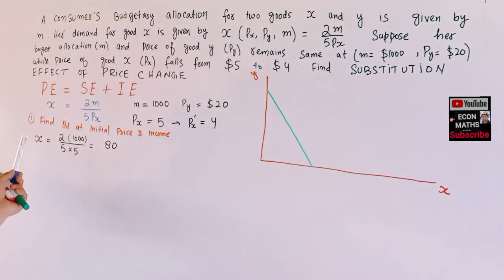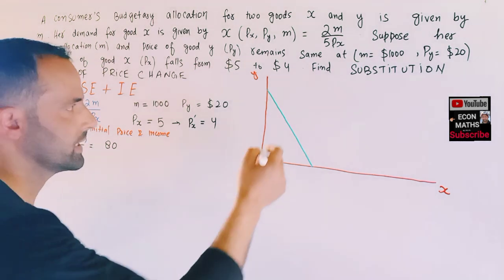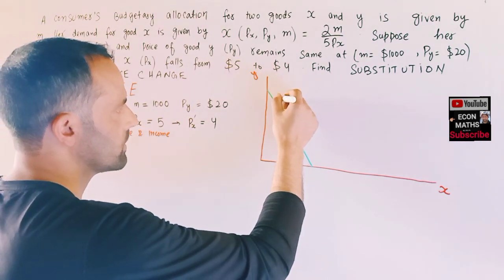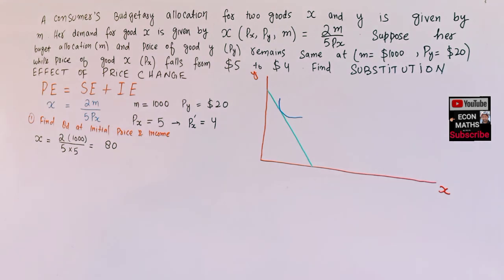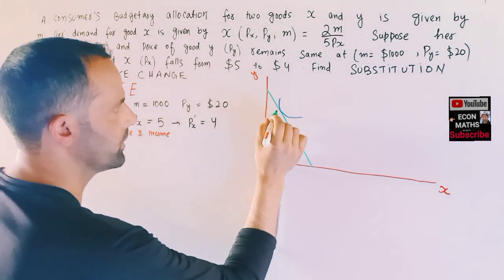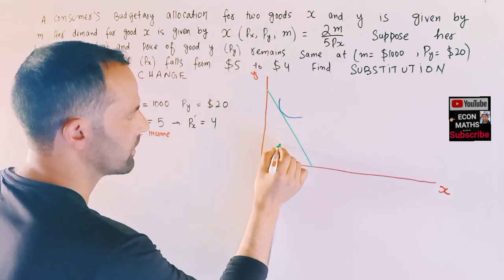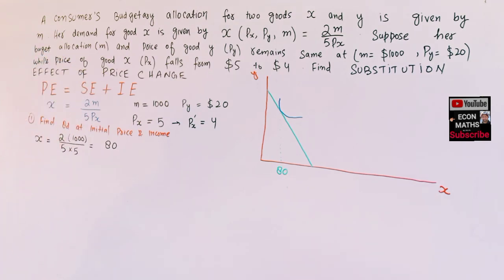So we find that the quantity demanded by the consumer at the initial income and at the initial price is 80. And let us say we have this indifference curve corresponding to this quantity demanded, so initially he is consuming or demanding 80 units of good X.